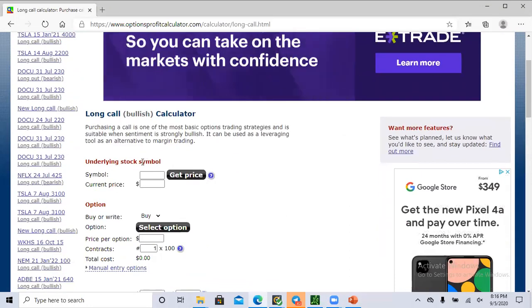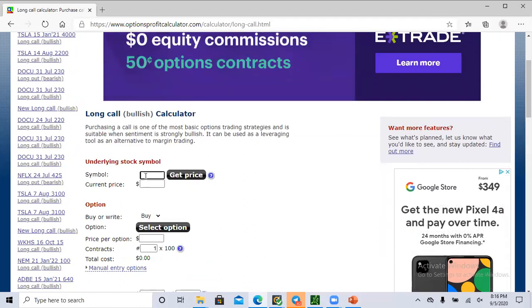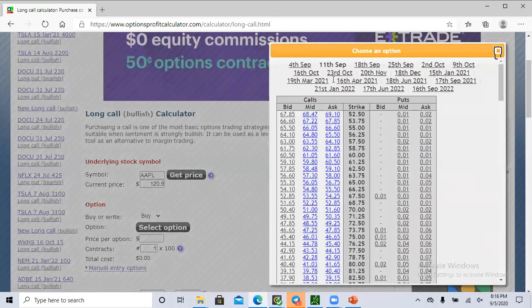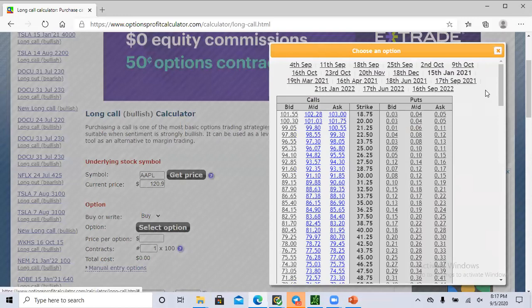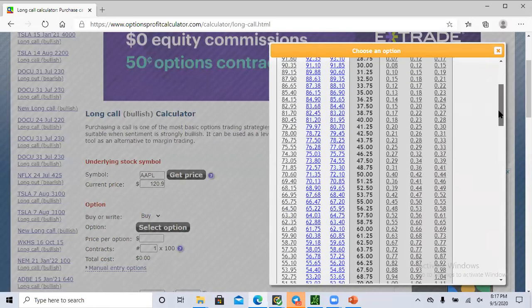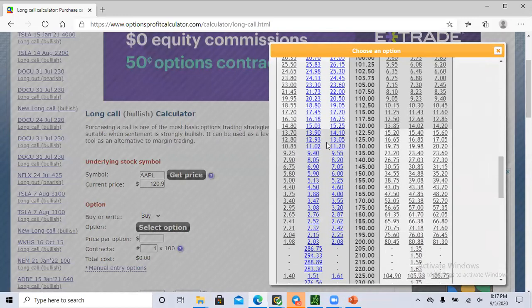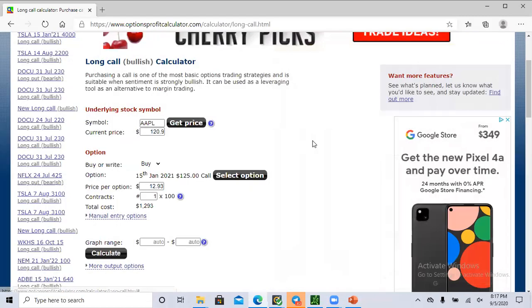So this is what you need to look at. If you're looking at a contract like that and you're like, okay, I have it. Let's use the same one, January 2021. Current price is 120. Let's do 125.